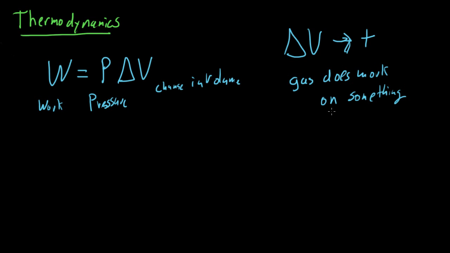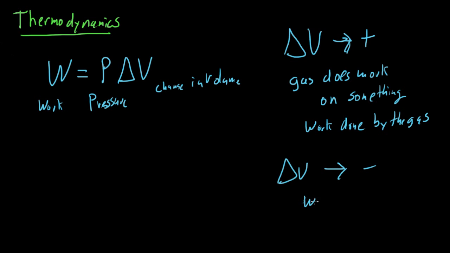Or we could say the work is done by the gas. The gas actually does work. When delta V is negative, means we're losing volume, then the work is done on the gas by something else.